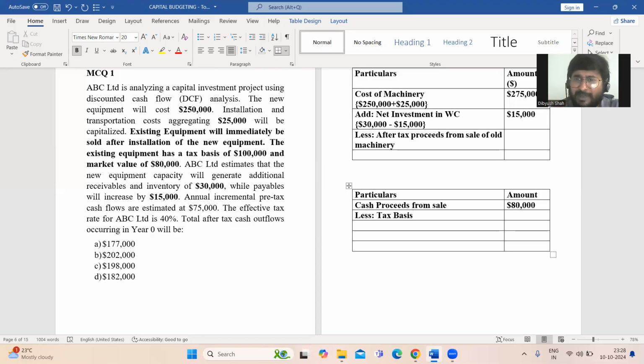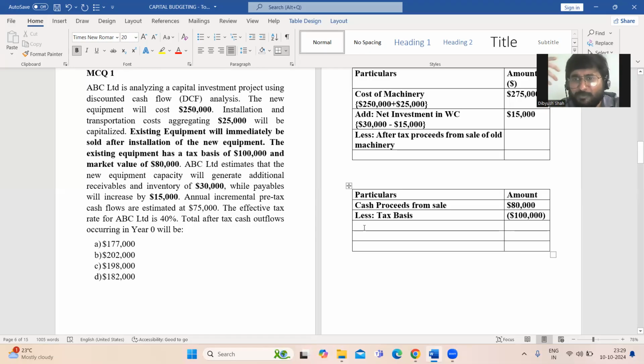If both book value and tax value is given, always go for tax value, because the entire purpose of calculating depreciation tax shield or the tax payable is for tax basis only, because you pay taxes to the government or get rebates based on your income tax returns in India and IRS returns in US, not on the basis of your books. So tax basis is $100,000.